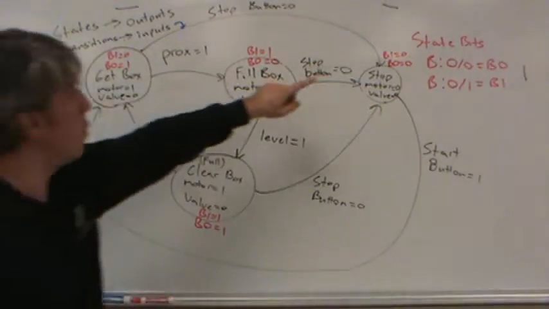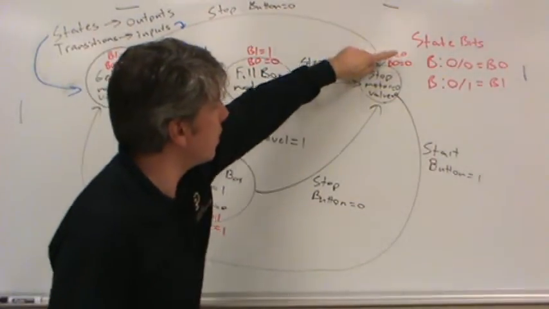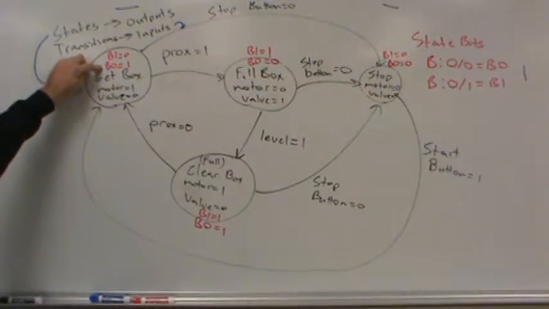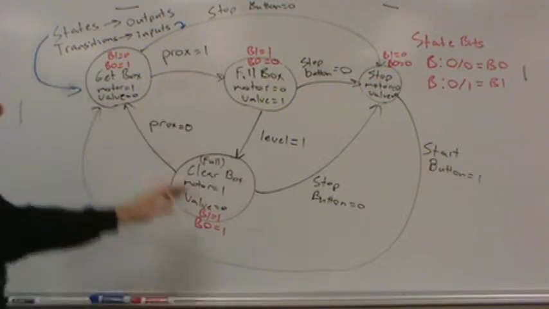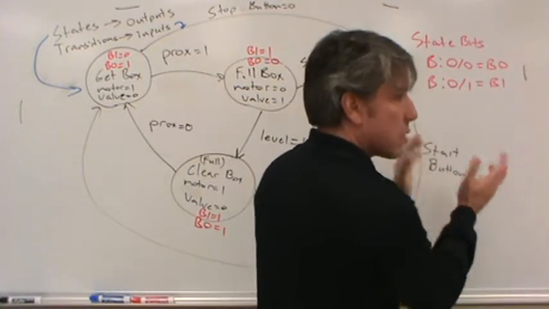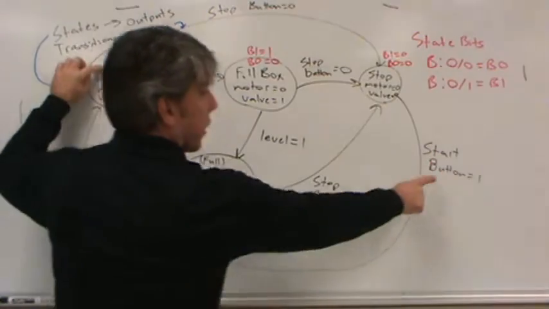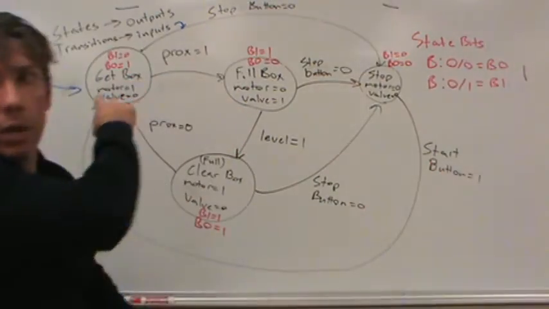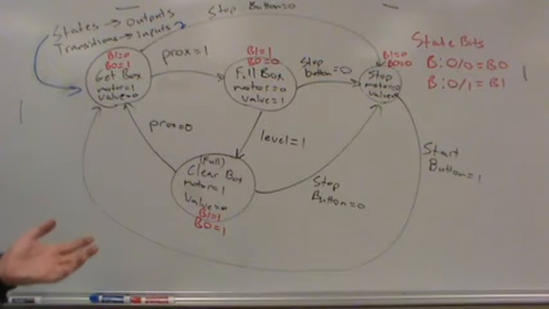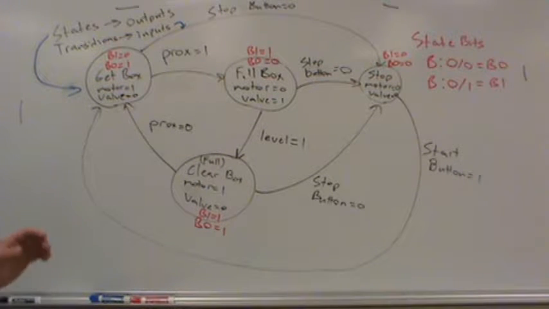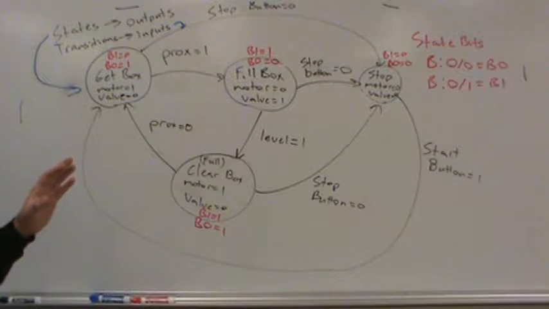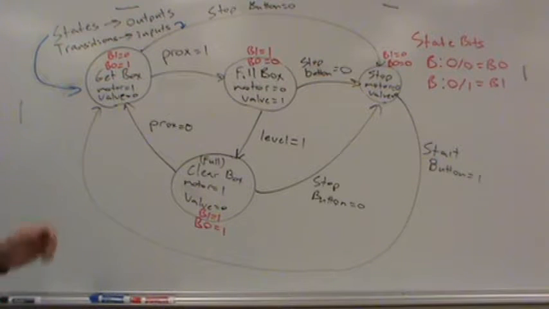Well, B1 is already a 0, so all I would have to do is set B0 to a 1. If somehow, when this happens, I can set up logic that will turn on bit 0 when that happens, that will make me go to that state, because that's the definition of the state. Make sense? Please ask questions. I see questioning looks. I know this is a lot to take in.